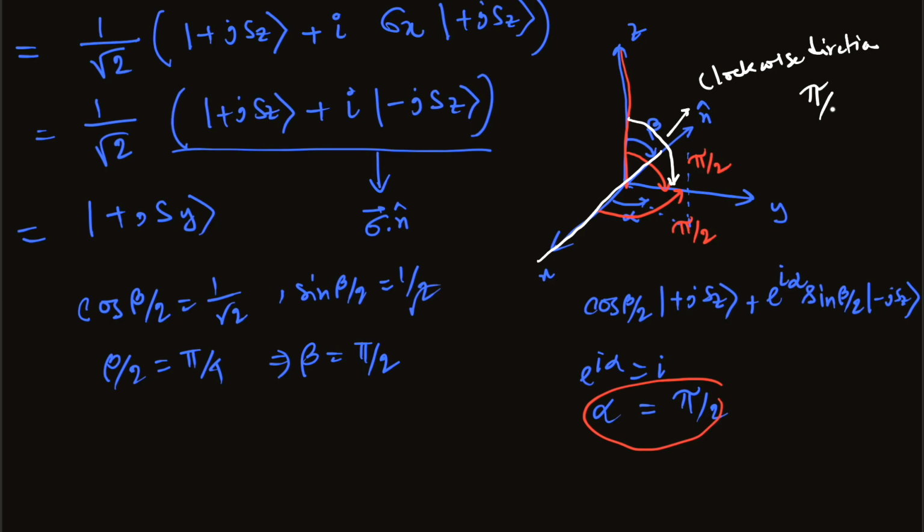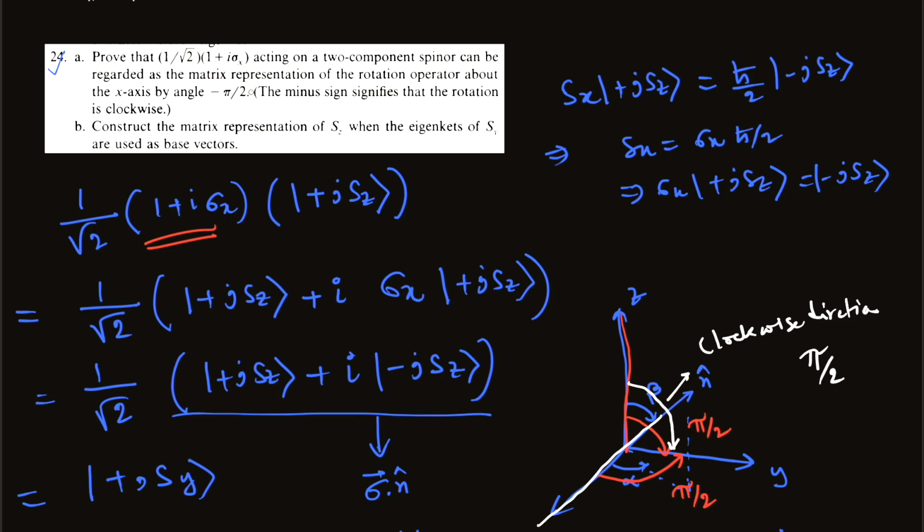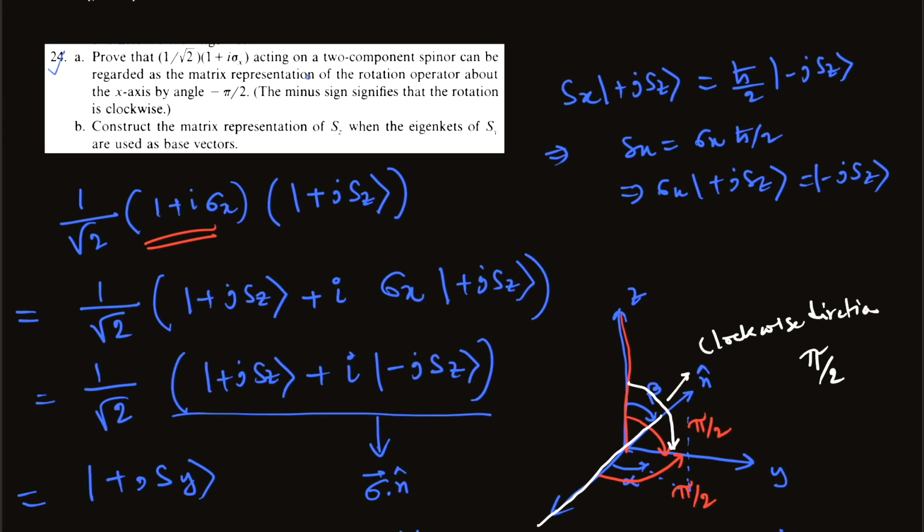What is the amount of rotation? Pi by 2. So that means this operator rotates this state around the positive x-axis clockwise by pi by 2. That means the first part we have seen: the matrix represents a rotation about the x-axis by an angle pi by 2. So we have seen that.